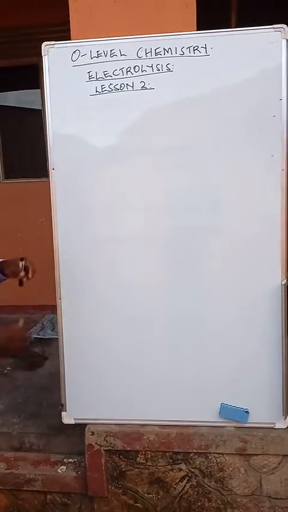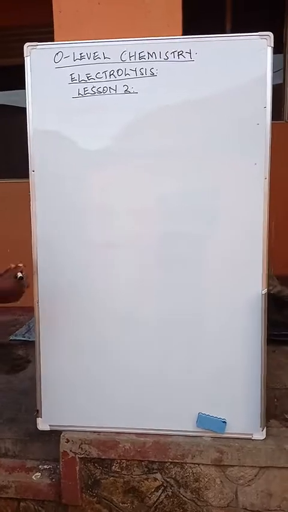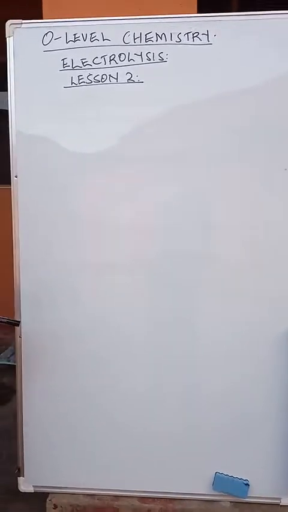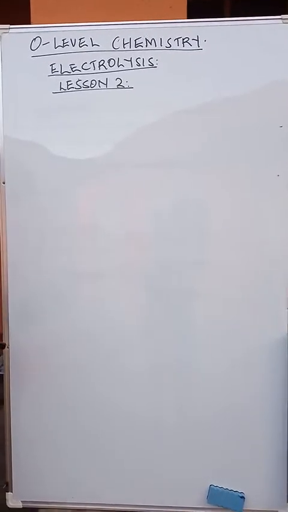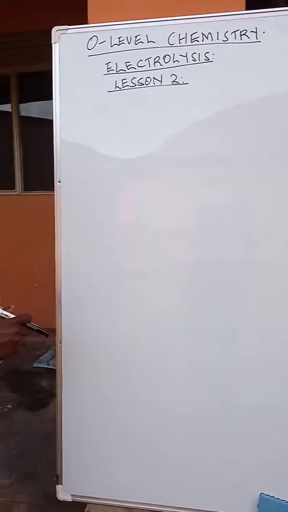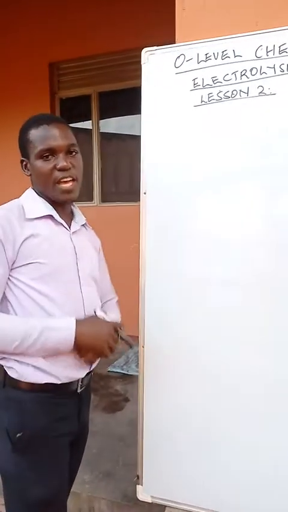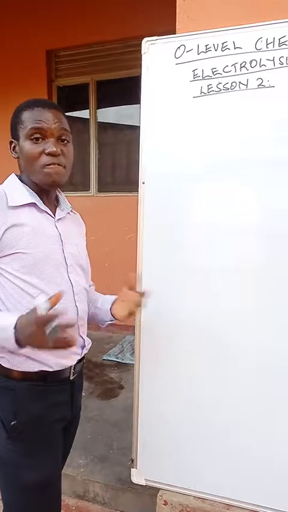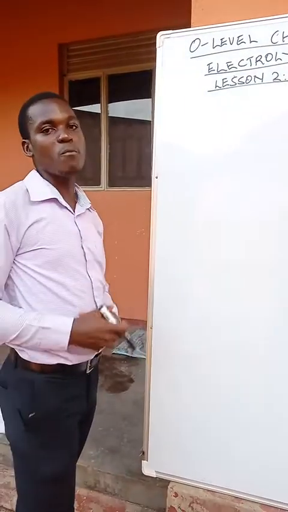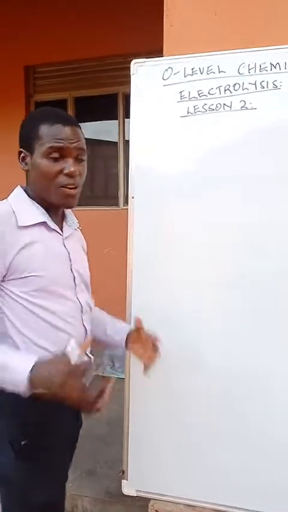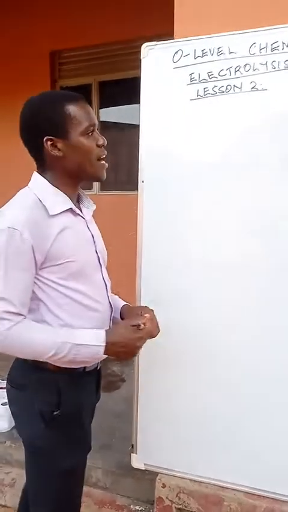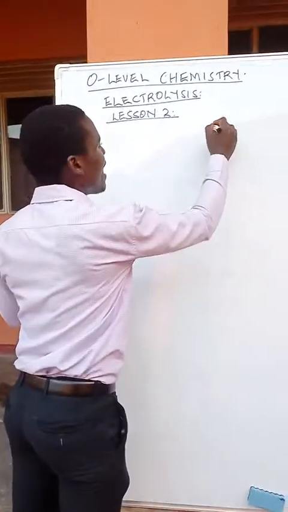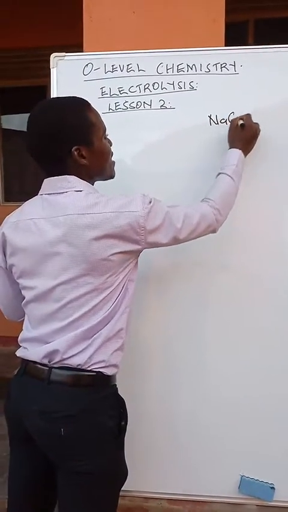All right, now, dear wonderful children of God, we are considering the formation of sodium chloride. I believe when you were in senior 1, you learned about the writing of chemical formulae. And I believe right now you know the chemical formula of sodium chloride. All right, so sodium chloride is NaCl.